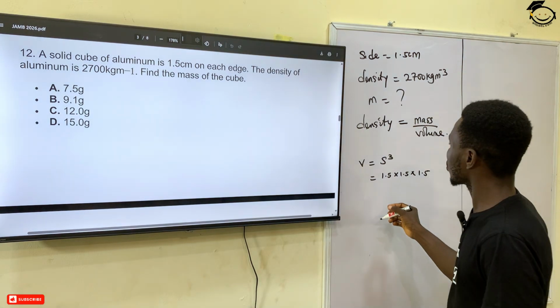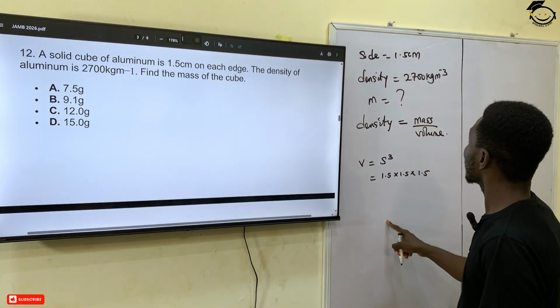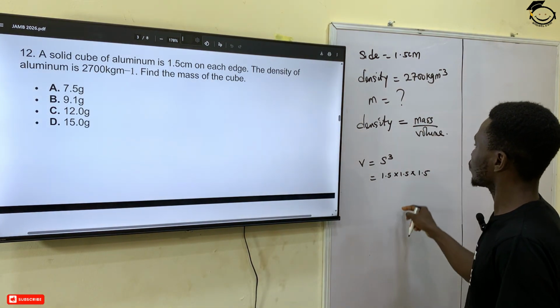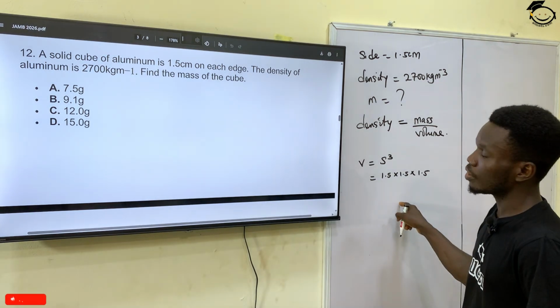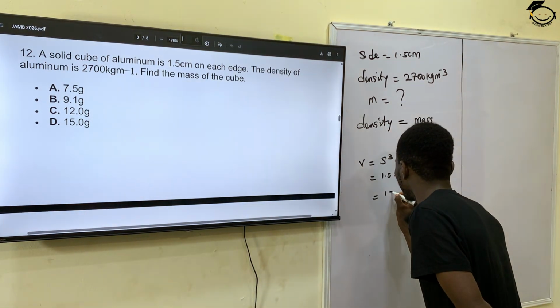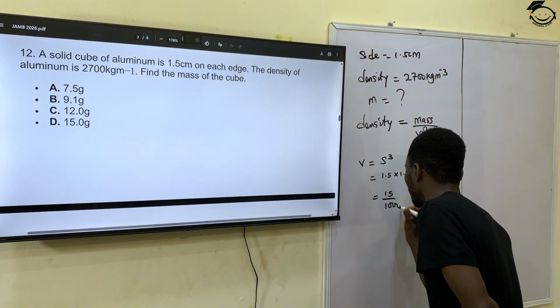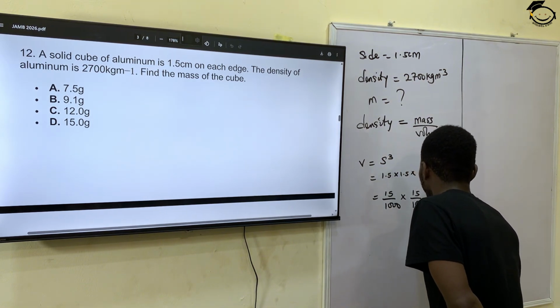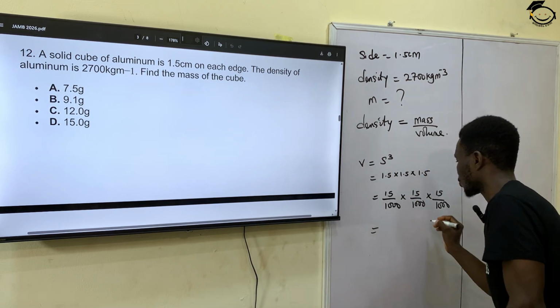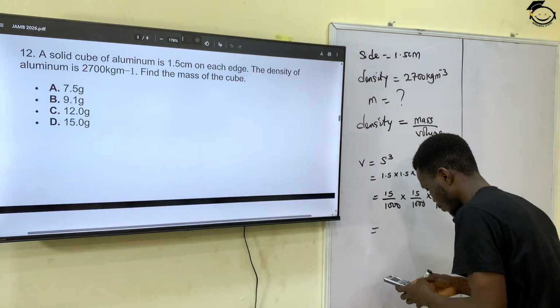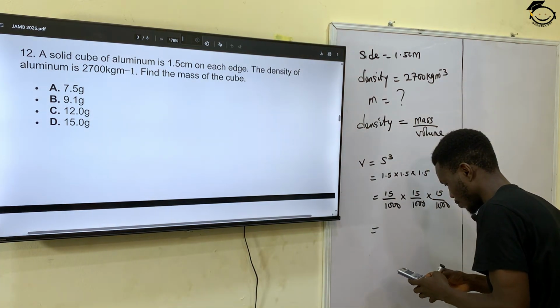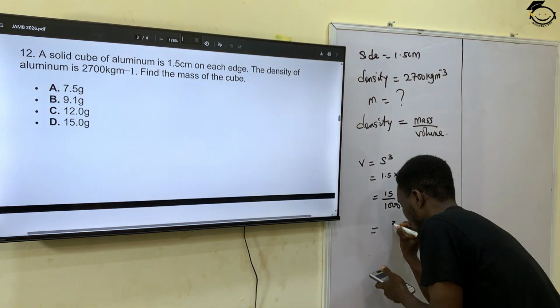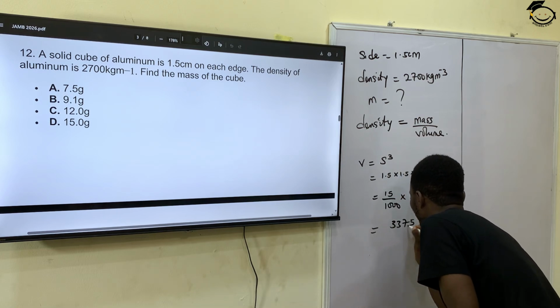For easier calculation, I'm just going to convert each one of these to be in meters instead of centimeters, and that will give me 15 over 1,000 times 15 over 1,000 times 15 over 1,000, and that will give me 3375 over.